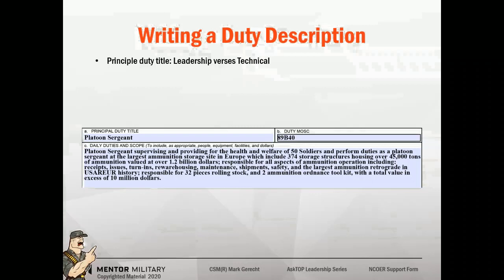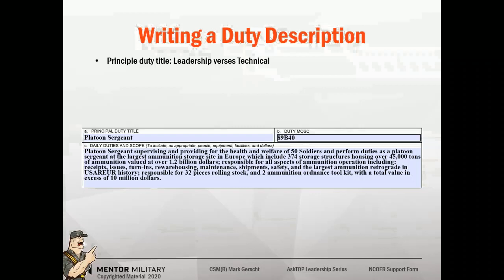So if for some reason you have to put the MTO duty title in there, like ammunition sergeant, but they are actually a platoon sergeant, the first thing that needs to be in that daily duties and scope is platoon sergeant. All board members understand leadership positions: squad leader, section sergeant, fire team leader, platoon sergeant, first sergeant.